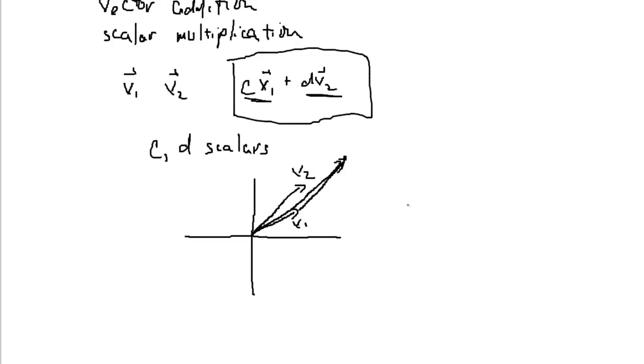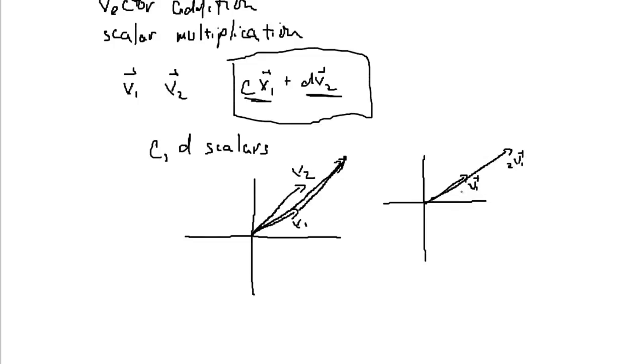When we're scaling the vectors, for example, if this is our vector v1 and we scale it, say we're going to multiply it by some scalar c, let's say this c is 2, then we're lengthening this vector. So this would be 2v1.